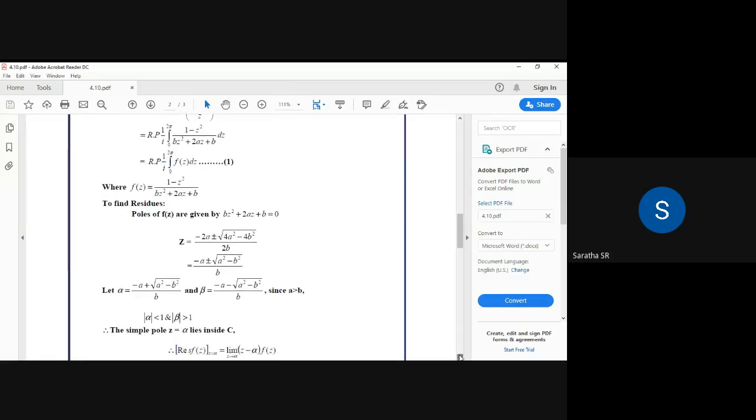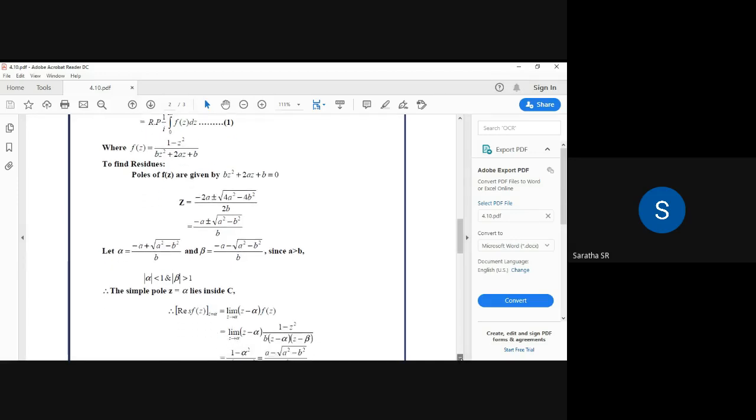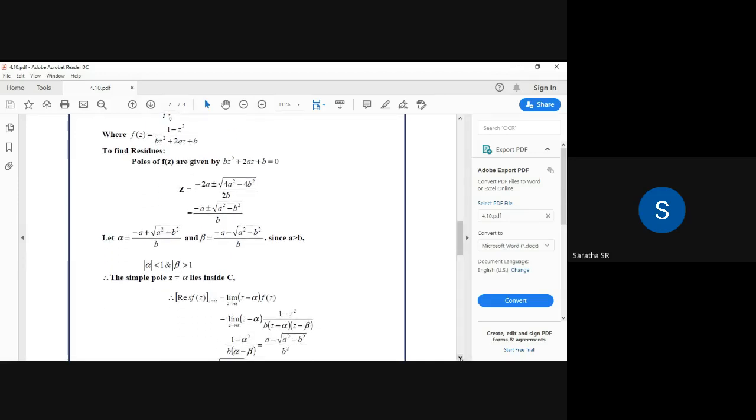So we got 2 poles. It is very lengthy, so that's why we take the assumption alpha and beta. Then we have to verify whether it lies inside or outside the circle. For that we give numerical values for A and B. Then only we can find it. After that, one point lies inside the circle, another point lies outside the circle.